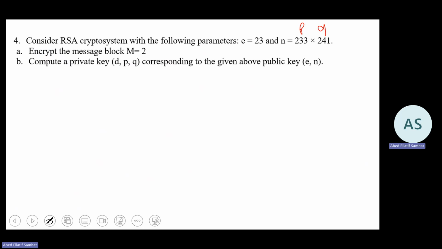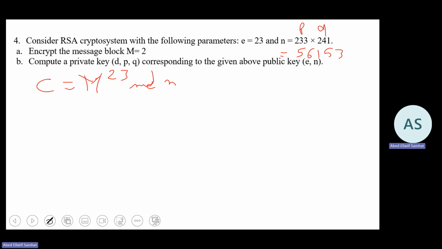We have to calculate the ciphertext equal to the plain text to the power 23 mod n. In this case, n is equal to 233 times 241, which is equal to 56,153.